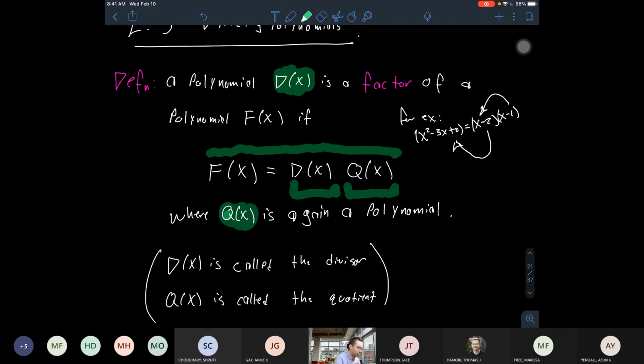So if we take out d of x and what we have left over is not a polynomial, maybe it's like a rational expression, then we're in trouble and we don't say that d of x is a factor.